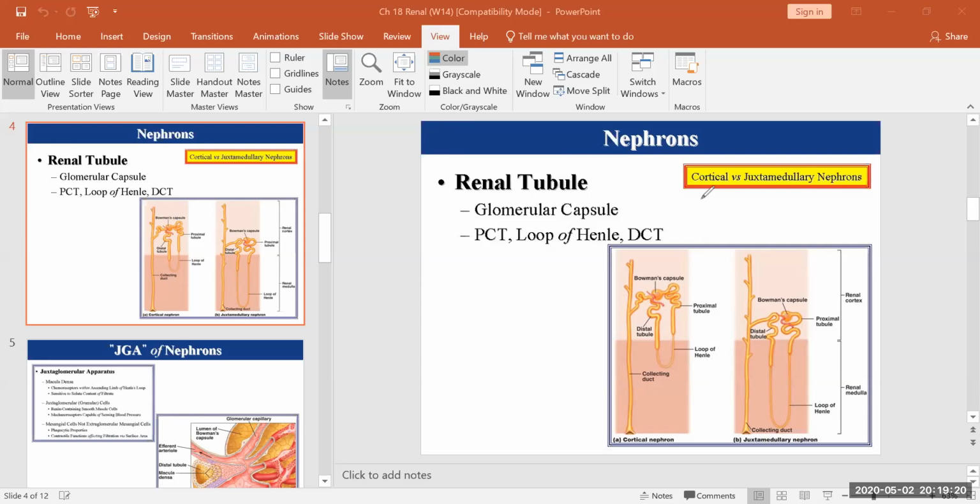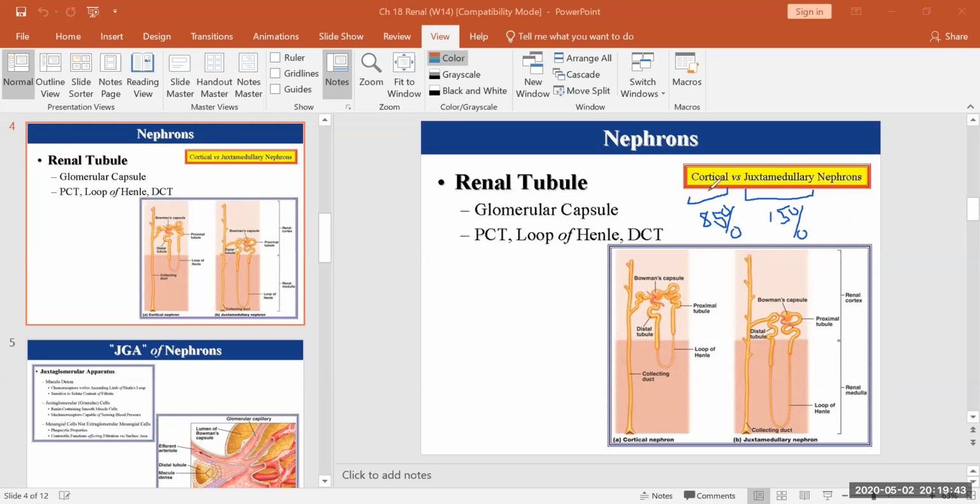And again, cortical nephron versus juxtamedullary nephron. 85% of all the nephrons are cortical nephrons. 15% of all nephrons are called juxtamedullary nephrons. They are also located differently.